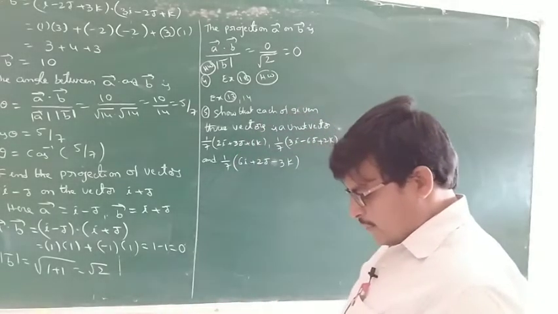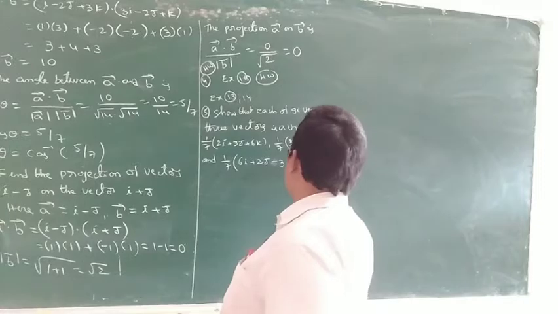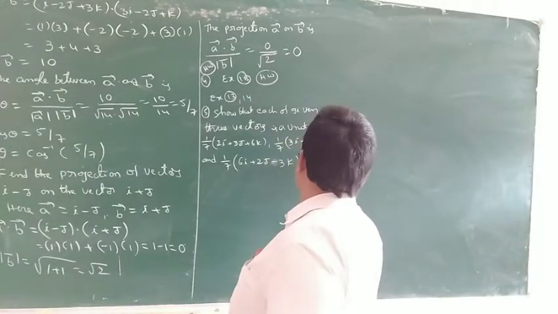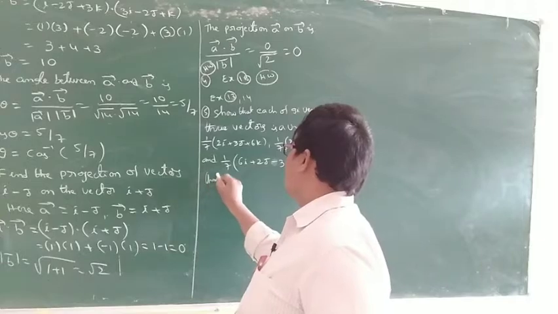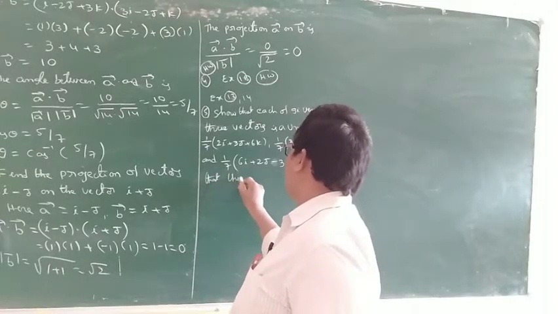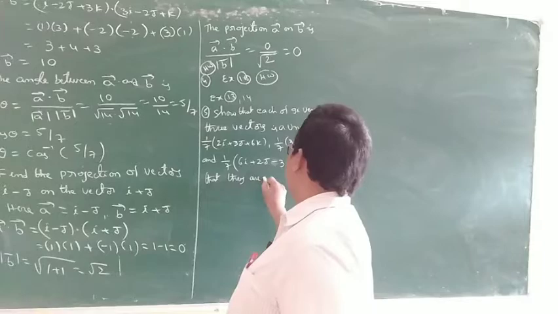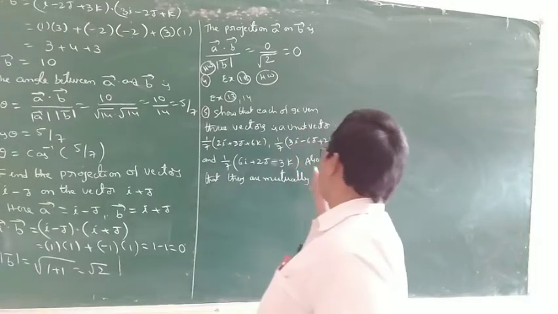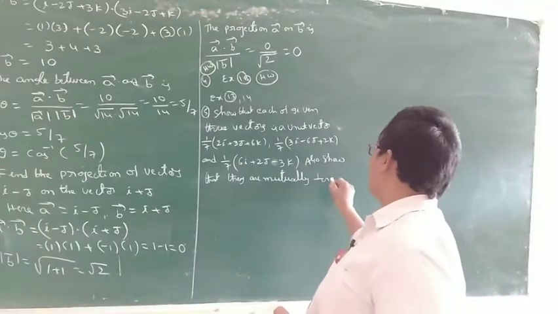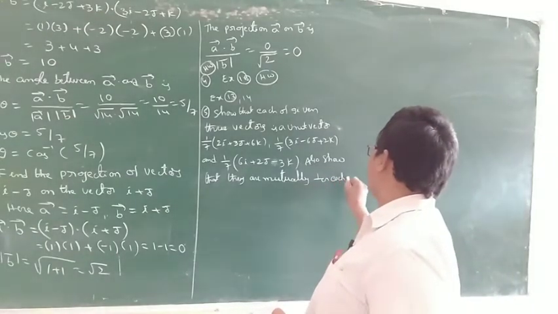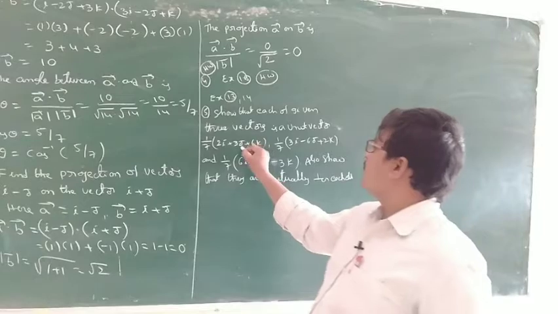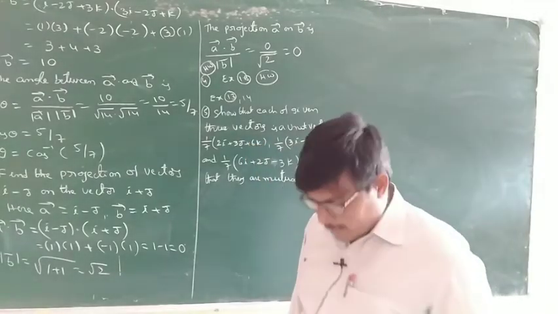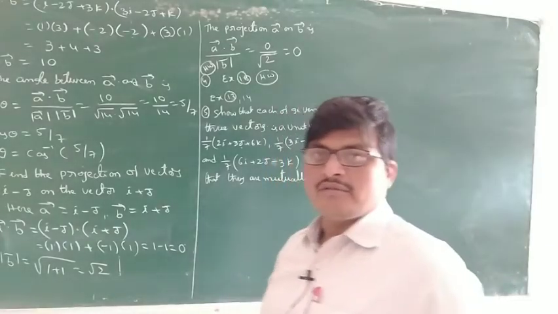Also show that they are mutually perpendicular to each other. This is A bar, B bar, C bar. Mutually perpendicular vectors means what?